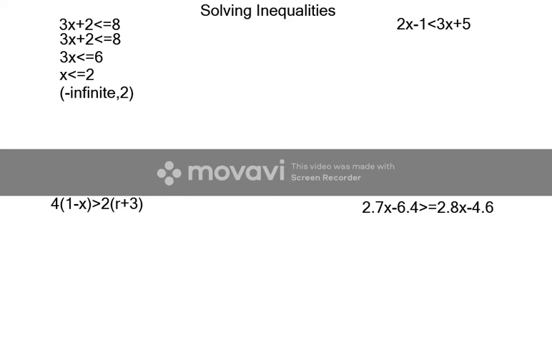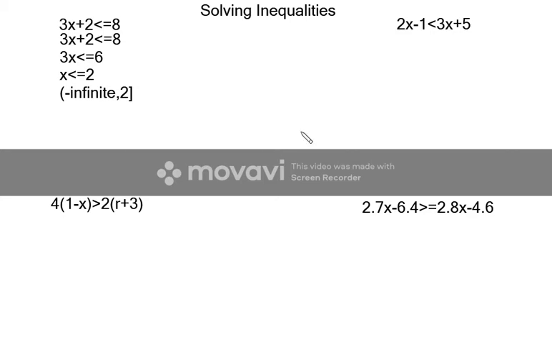Except, remember, whenever you have an equal to sign, x is less than or equal to or x is greater than or equal to, whichever side the constant is on has to have a bracket instead of a parenthesis. So your final form will be parenthesis, negative infinity, comma 2, and then a bracket. It might not make sense at first, but when we get through a few more questions, it'll start to make sense. Alright, let's go to the next question.